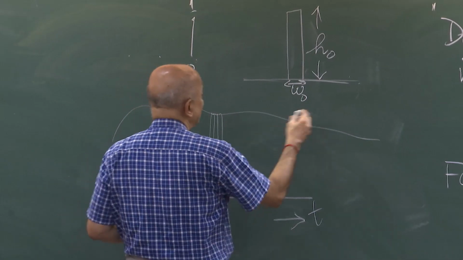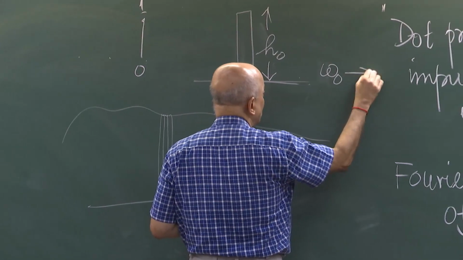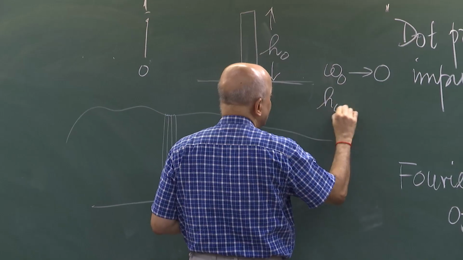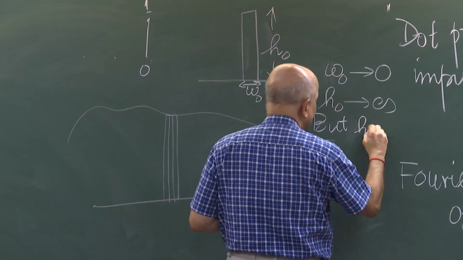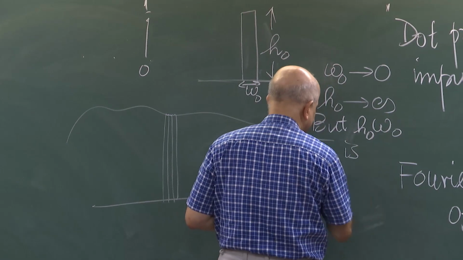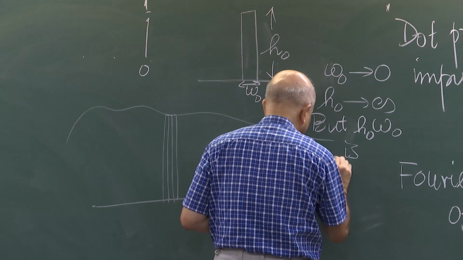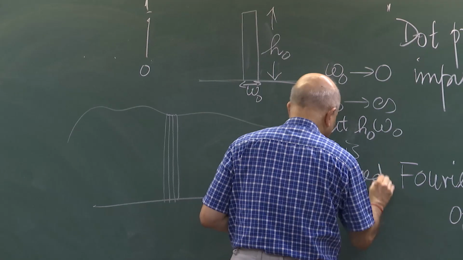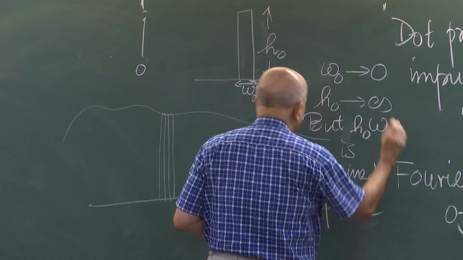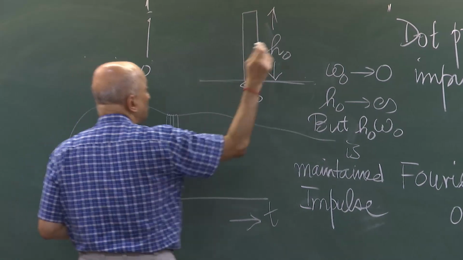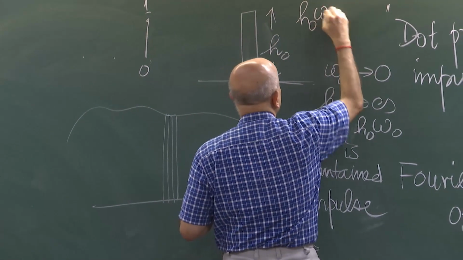So, w0 tends to 0 and h0 tends to infinity, but h0 times w0 is maintained. So, this is an impulse. And if h0 w0 is equal to 1, then it becomes a unit impulse.